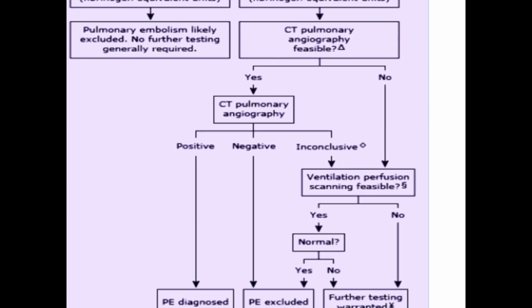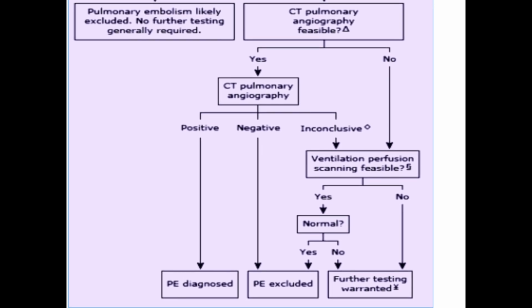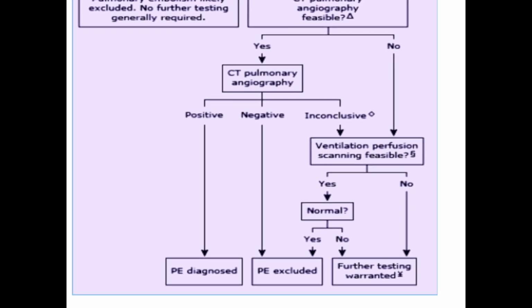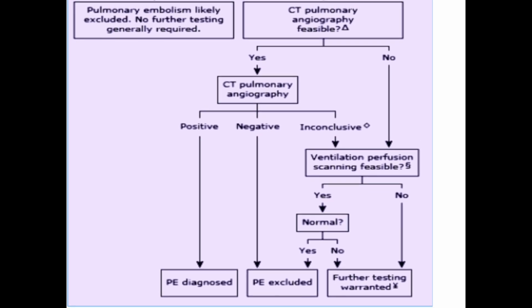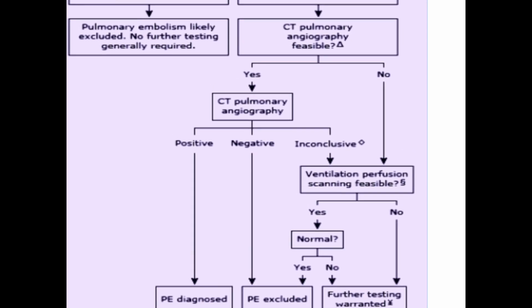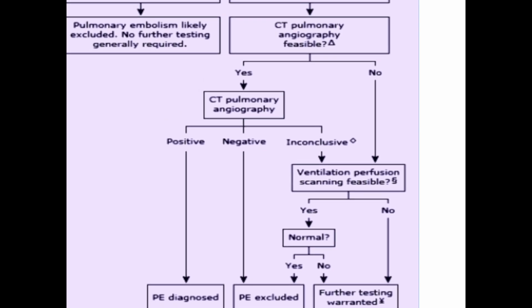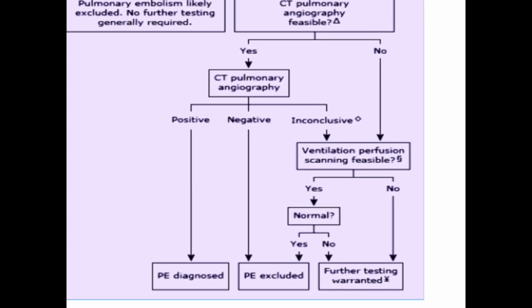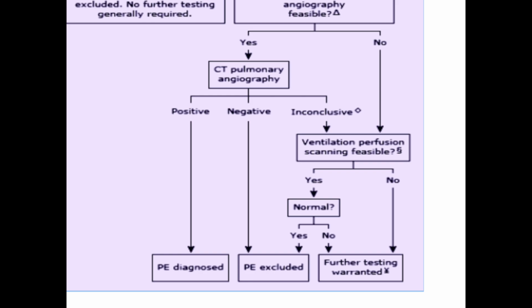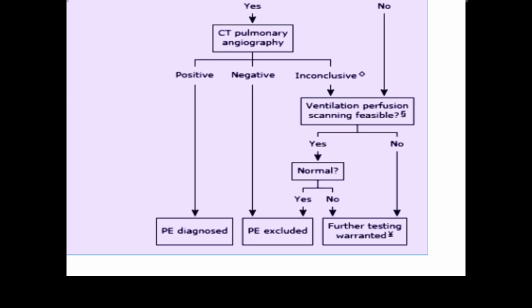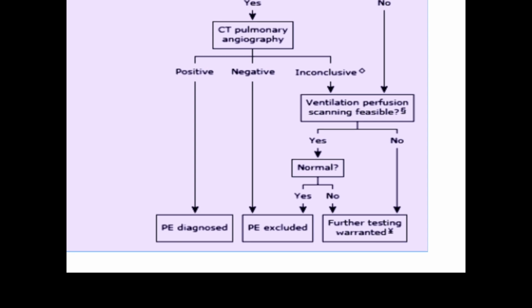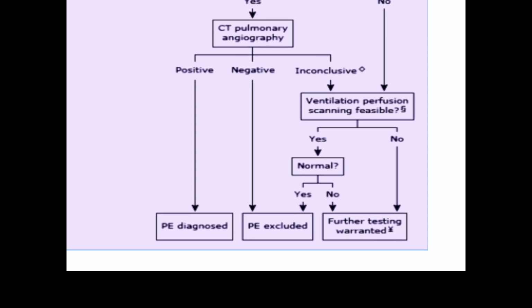If CT pulmonary angiography is feasible, we do CT pulmonary angiography. If it is positive, pulmonary embolism is diagnosed. If it is negative, pulmonary embolism is excluded. If CT pulmonary angiography is inconclusive or not feasible, then we do ventilation perfusion scanning. If this is possible and we do ventilation perfusion scanning, and it is normal, then pulmonary embolism is excluded.